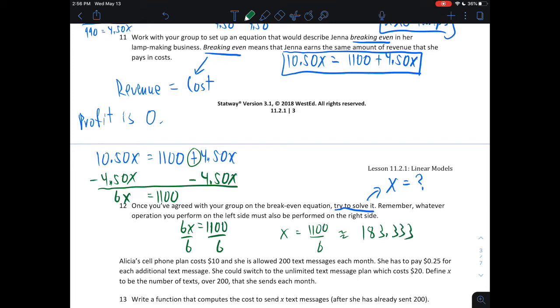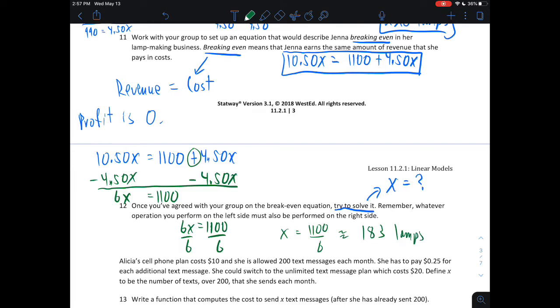But now, we've been using decimals a lot in this class. Does it make sense to say 183.333 lamps? Can you have a decimal amount of lamps? No, a lamp is either there or it's not there. So really this is just 183 lamps.